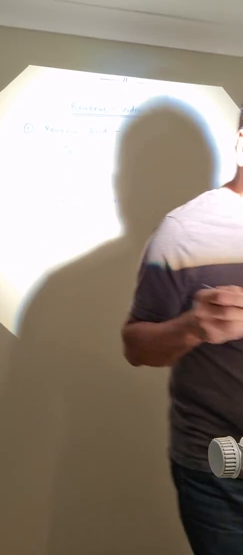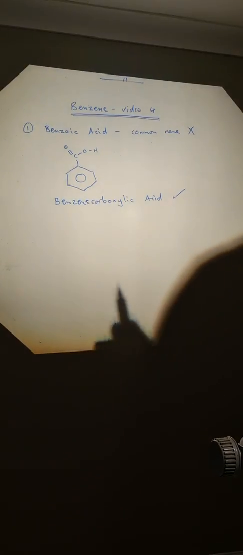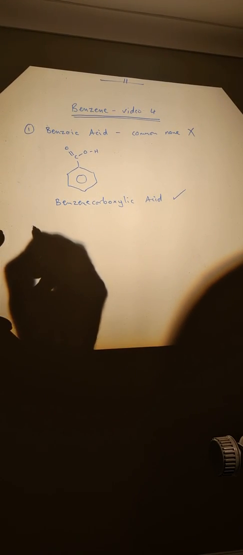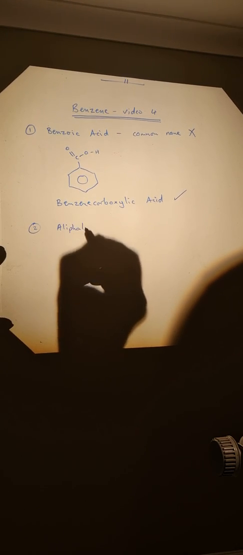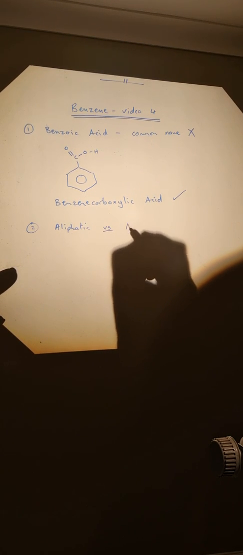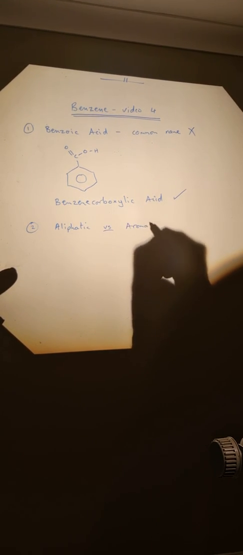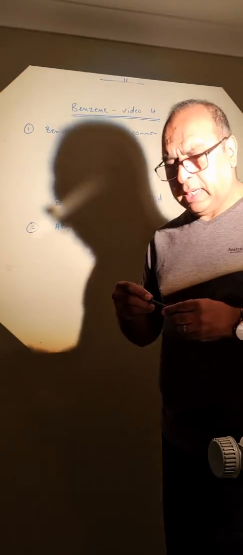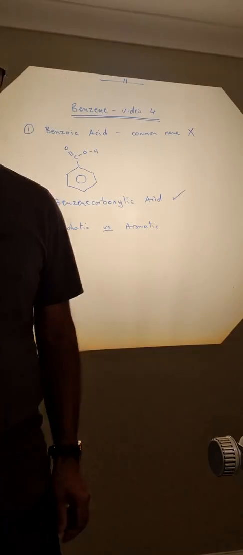So what else do I need to talk to you about? Well, I suppose I'd like to talk next about the words aliphatic and aromatic. Now this is in organic chemistry.